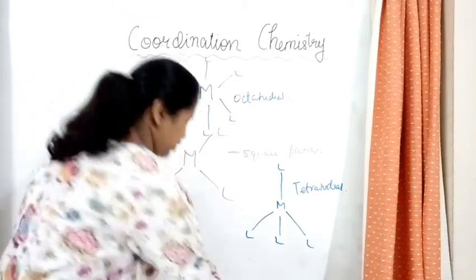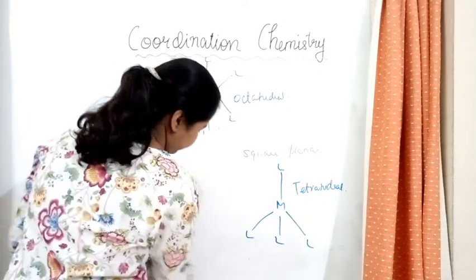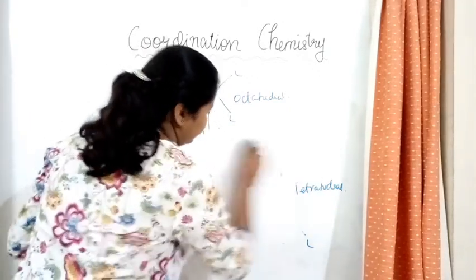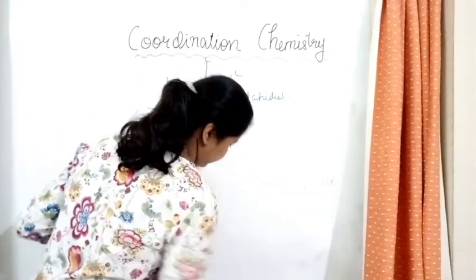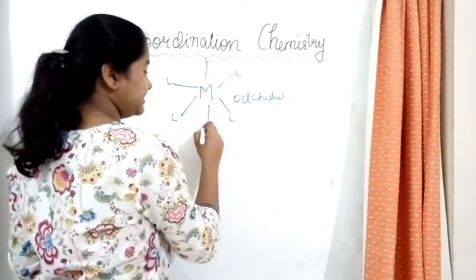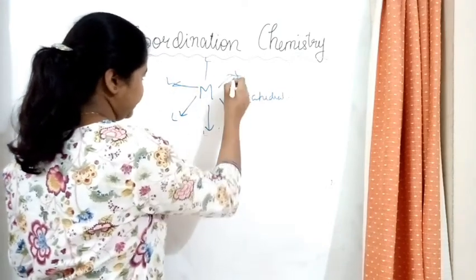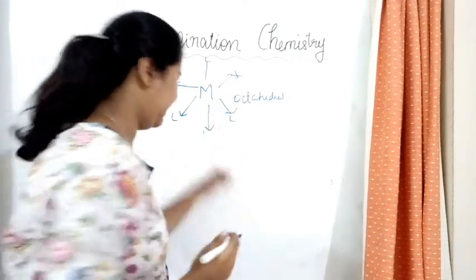Then let's draw square pyramidal. Over here, this is like this. Now we'll draw the square pyramid.